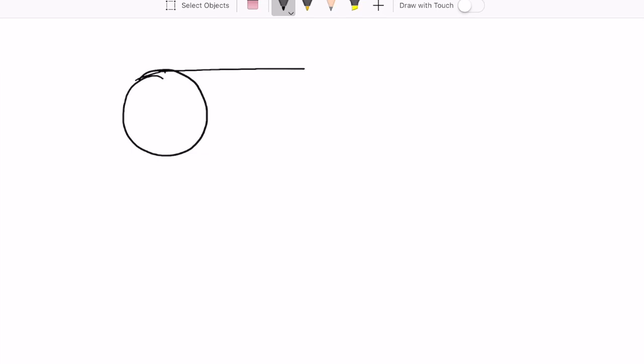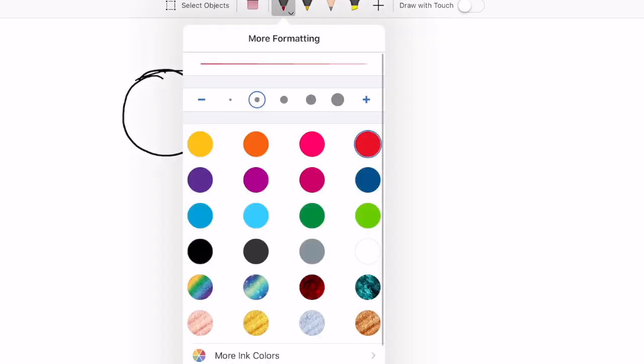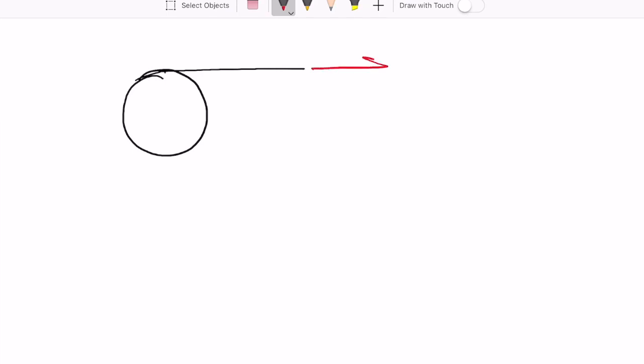You're exerting a 50 Newton force at the end of this rope. I'll just call this force F. Okay, and I'll draw the ground.